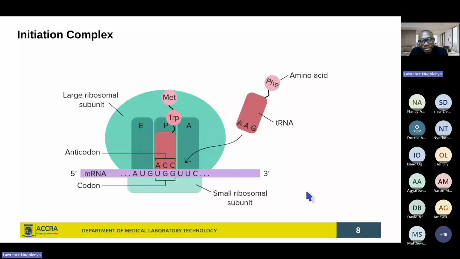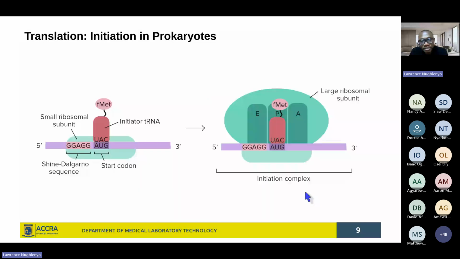So this is like the translation initiation in prokaryotes. First of all, the promoter region. One of the differences you find is that we refer to the TATA box in eukaryotes.